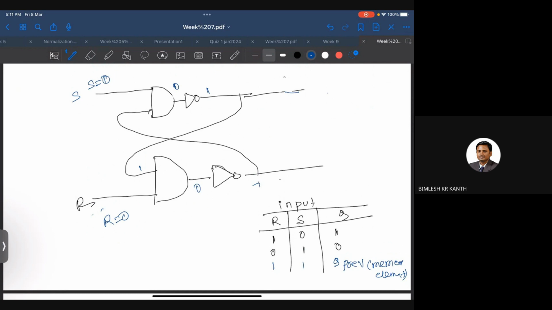Now when it is fed back to the 1, so 1, 0, 0. Let me go through it, one second, that will be good.